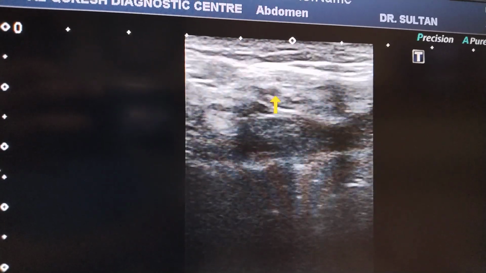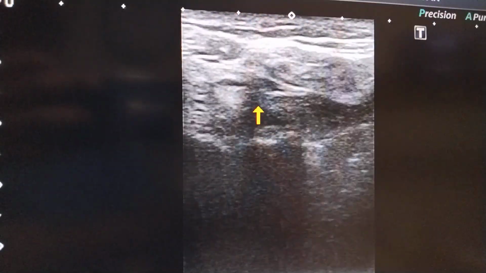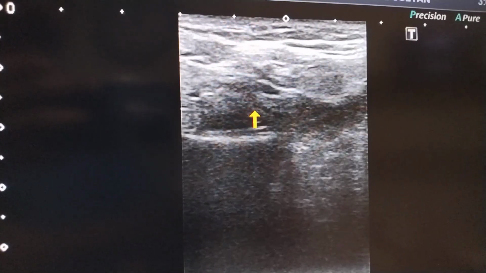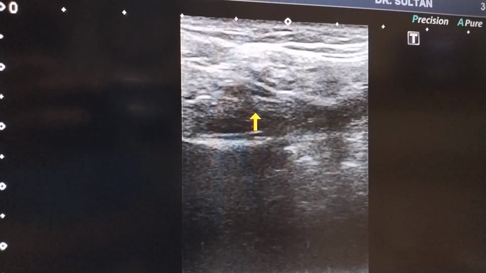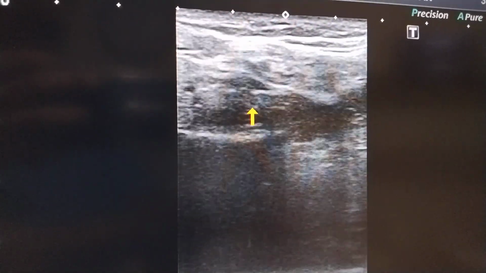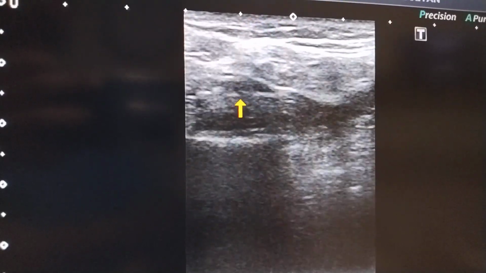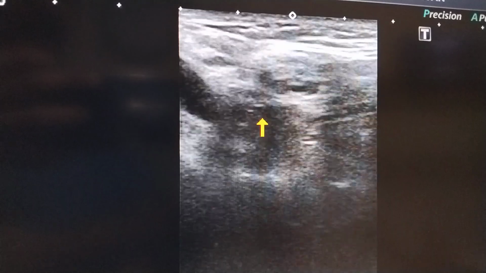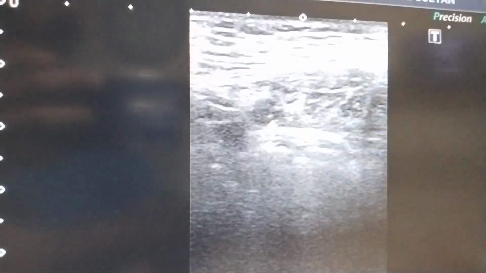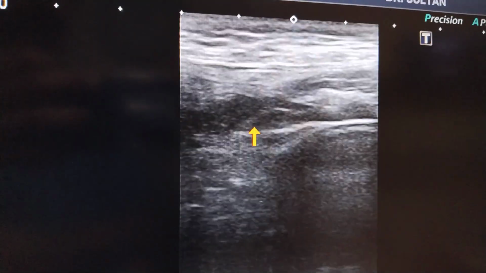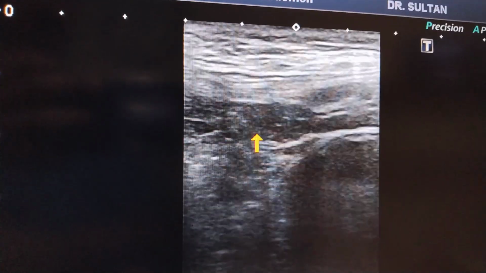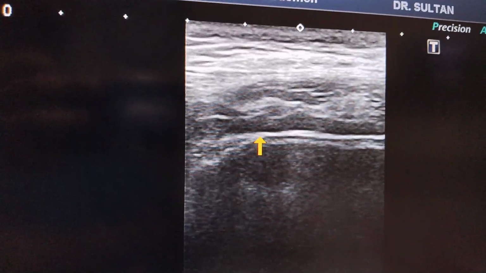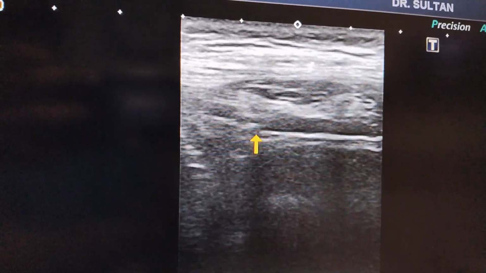If there is a defect in the deep inguinal ring, then it is an indirect inguinal hernia, which lies lateral to the inferior epigastric artery, and a direct inguinal hernia is medial to the inferior epigastric artery.